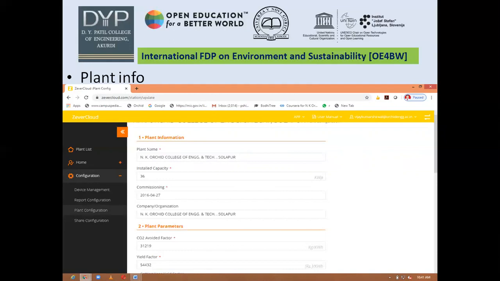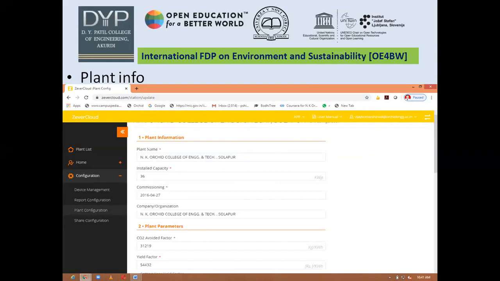So around 40% of our own demand we are fulfilling by this own plant, and 60% we are purchasing from the MSEB, or you can say electricity board. Date of commissioning is 27th April 2016, and it is installed in our college premises on the college rooftop.